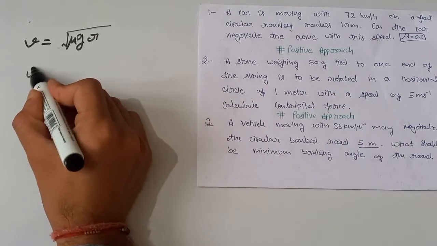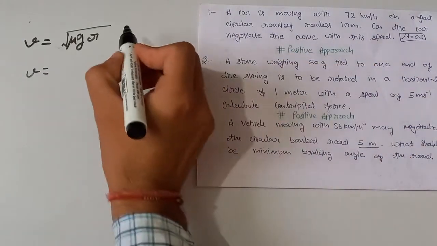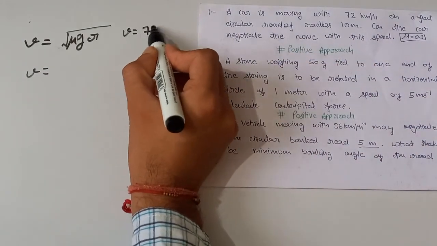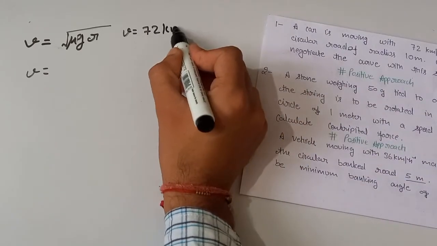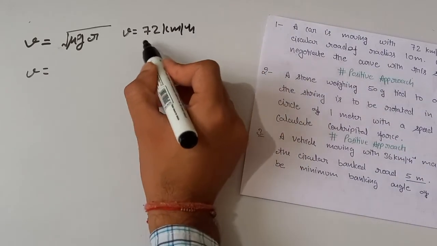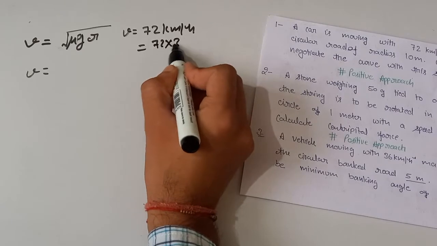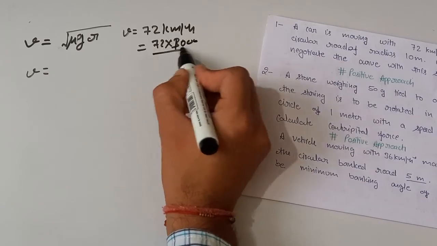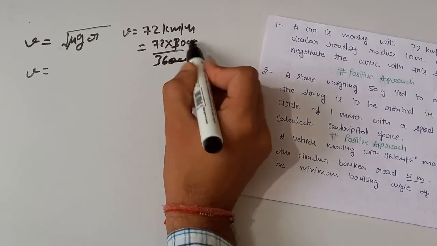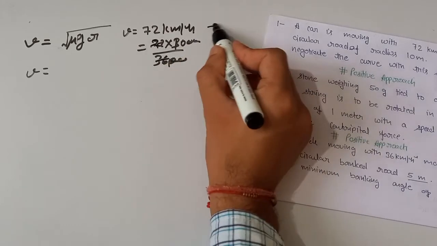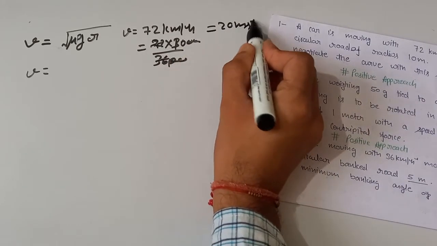Now the velocity of the car is 72 km per hour, which is equal to 72 multiplied by 1000 divided by 3600, which is equal to 20 meter per second.